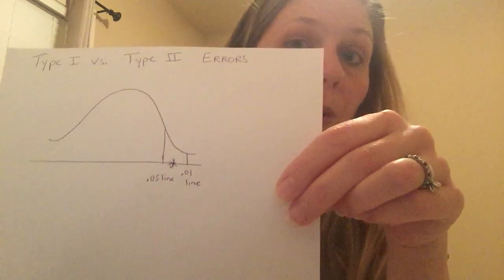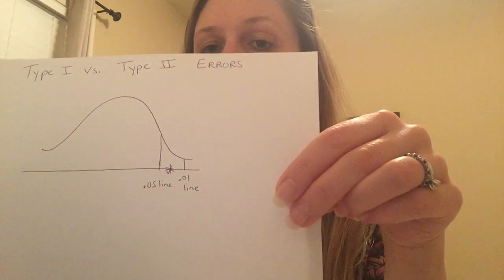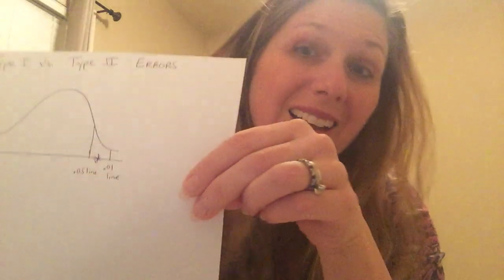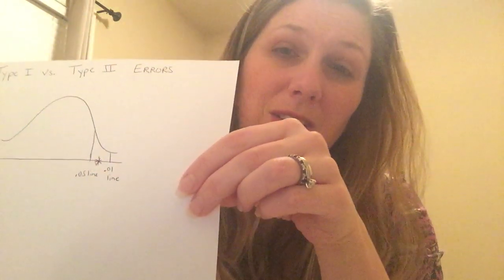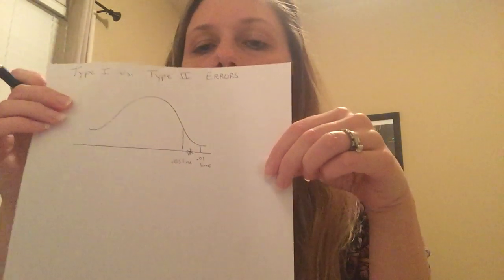But it is possible that in the real world, my study would have worked and the null should have been rejected. But I'd pushed my p-value down too small, so it didn't happen. So just keep that in mind. It's always a back and forth. If you reduce your chance of a type 1 error, you're increasing your chance of a type 2 error and vice versa. You can never make them both really small.